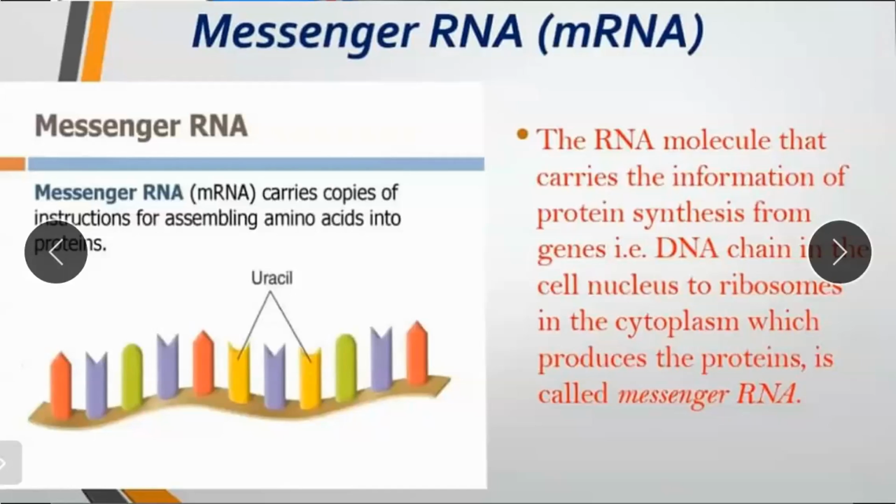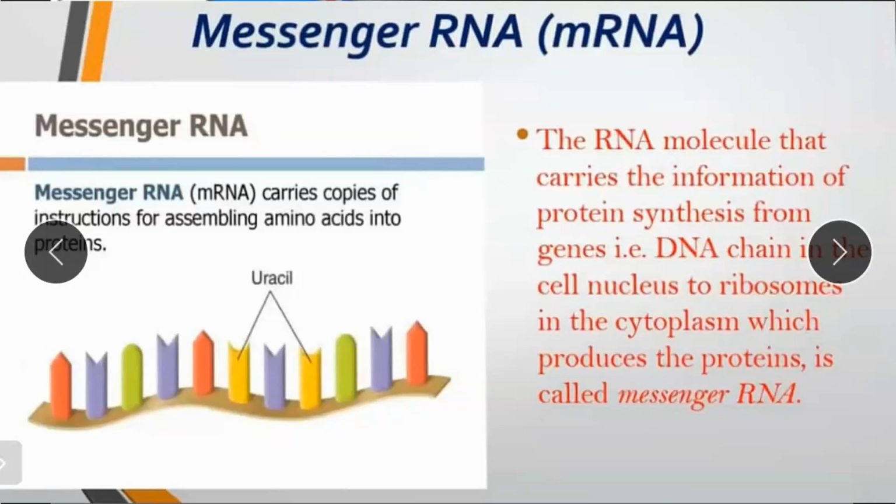So the RNA molecule that carries the information of protein synthesis from genes, that is the DNA chain, in the cell nucleus to ribosomes in the cytoplasm, which produce the proteins, is called messenger RNA. What is messenger RNA? The RNA molecule that carries the information of protein synthesis from the genes.